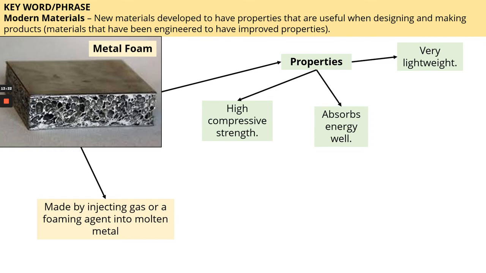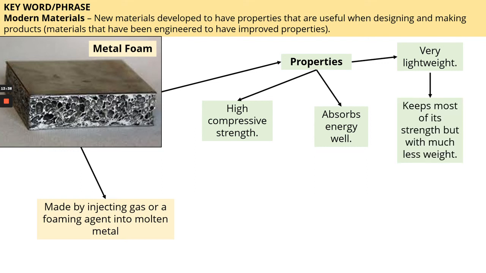So the benefit to metal foam is that it is lightweight and can be used in multiple things, but it does not reduce the strength and the compressive strength of the original metal. So it keeps most of its strength, but with much less weight because of that air being pumped into it.